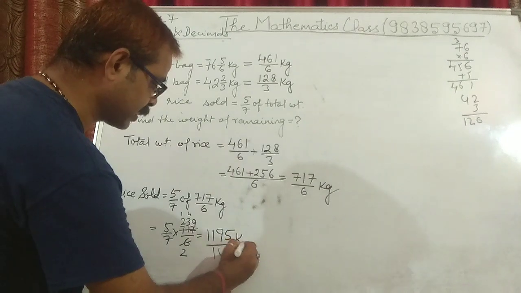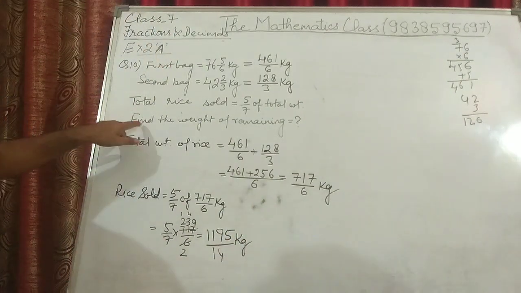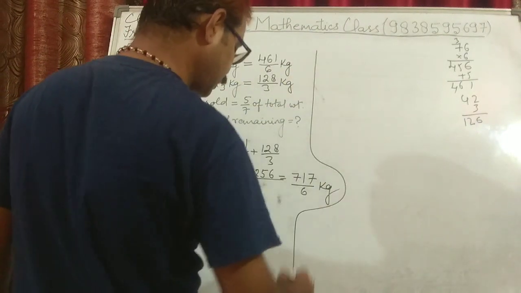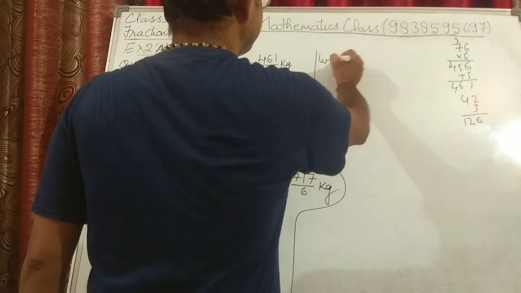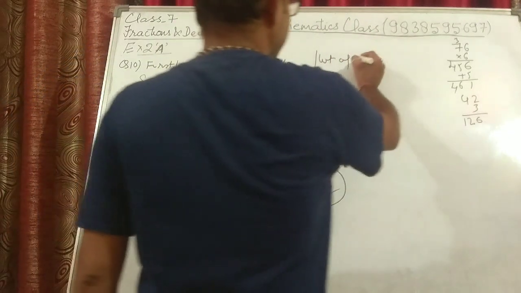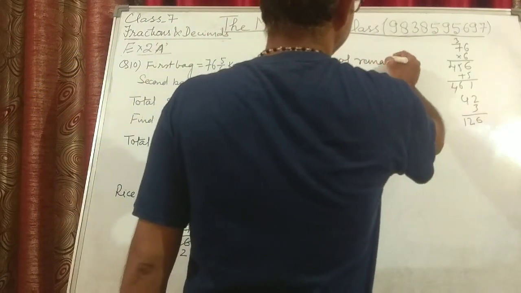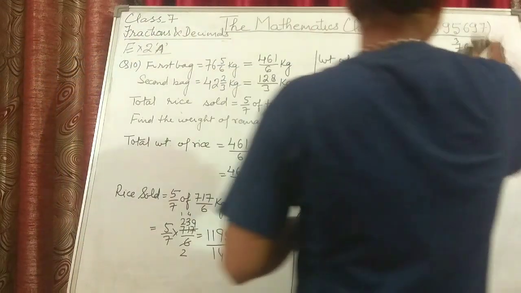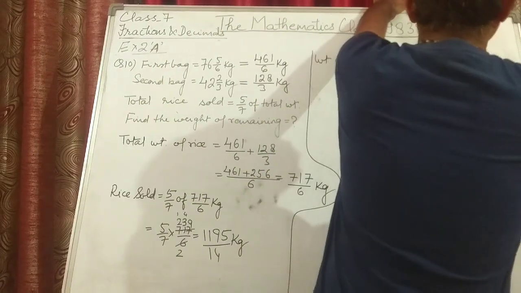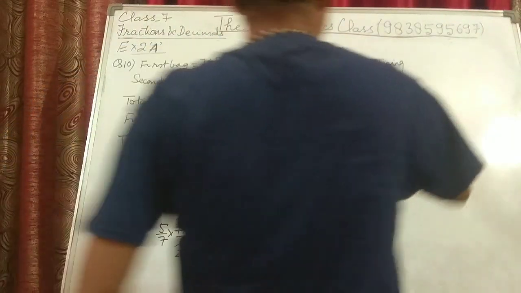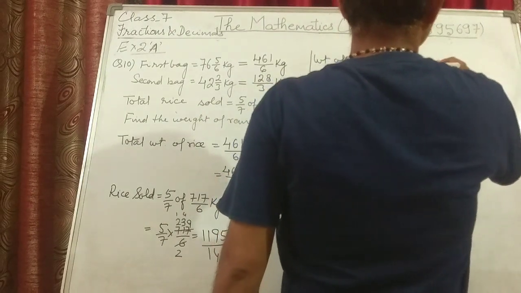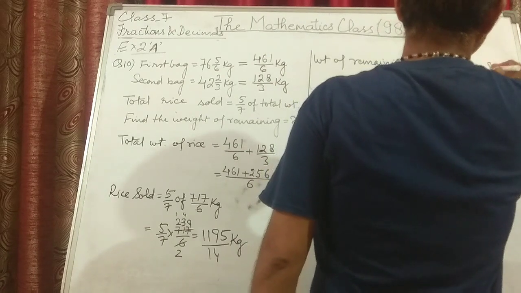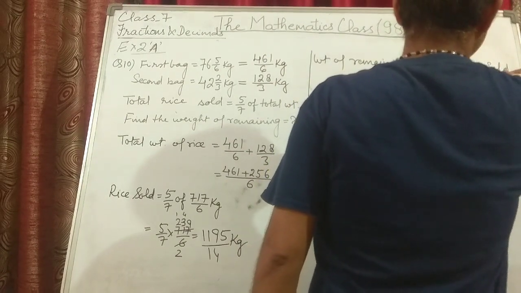This many kgs of rice is sold. You have to find the weight of the remaining rice. So the weight of the remaining rice will be the total weight minus whatever weight of rice was sold.